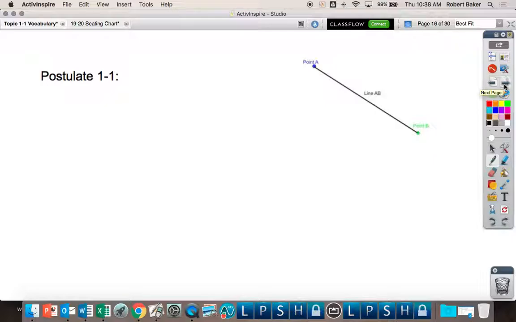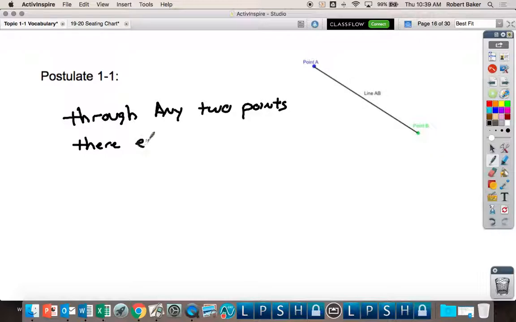All right. Postulate 1-1. This is something that I will harp on you guys over and over and over again. Postulate 1-1 is: through any 2 points, there exists one line.